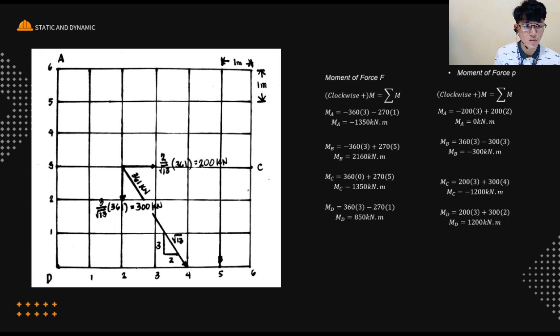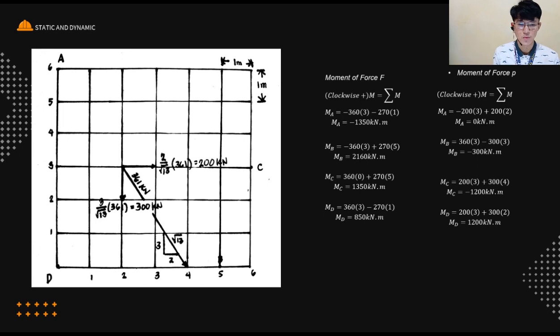So, makukuha natin dito sa moment A is 0 kN meter. Next naman is moment B. Moment B equals 360 because it is clockwise times 3 which is yung distance, minus 300 dahil counterclockwise times 3, and makukuha natin sa moment ng B is negative 300 kN meter.